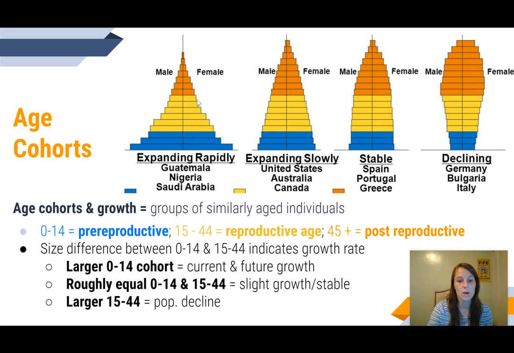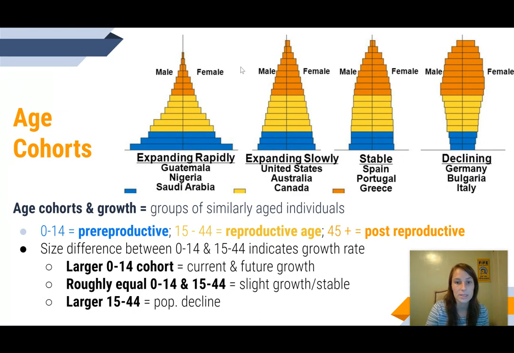The yellow represents reproductive age, which is age 15 to 44, and the orange represents post-reproductive age, which is going to be 45 and plus. Just be aware that on this particular diagram we're looking at blue, yellow, and orange, but different diagrams will have different colors. The three different colors represent those three different age groups.